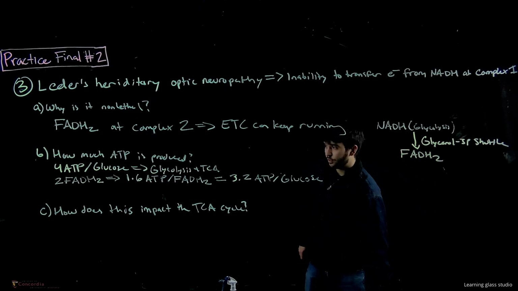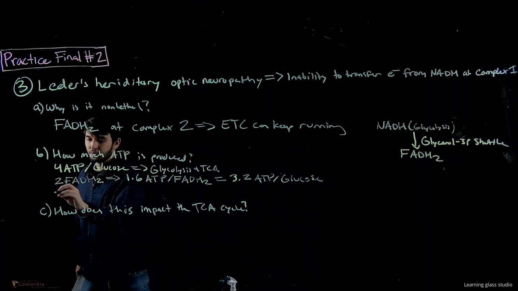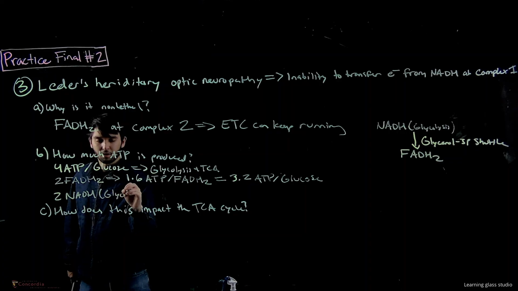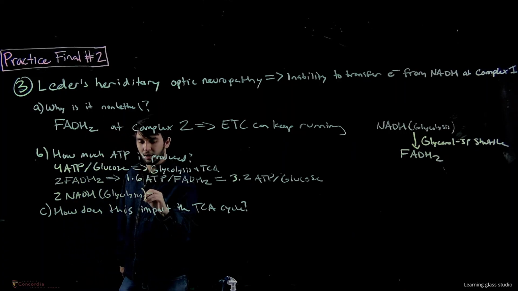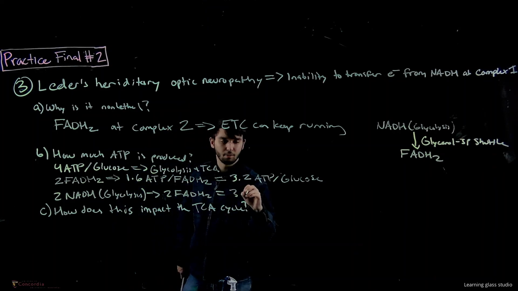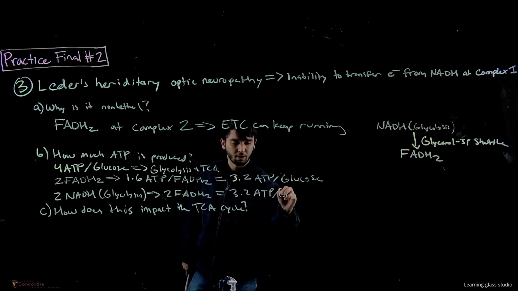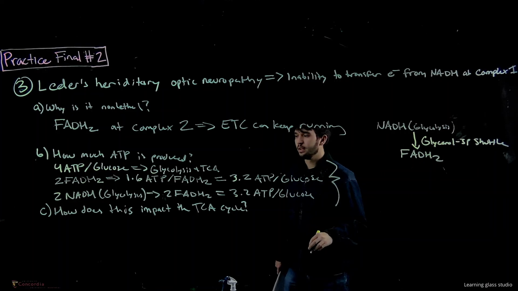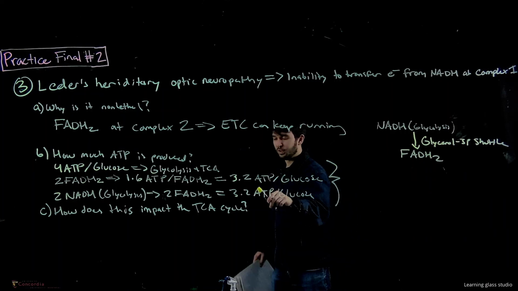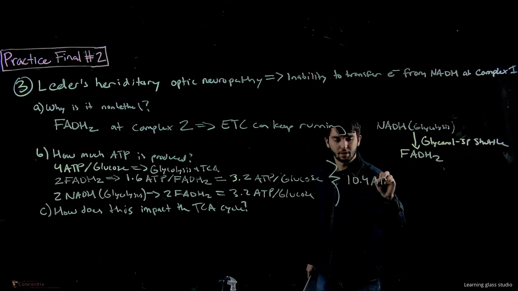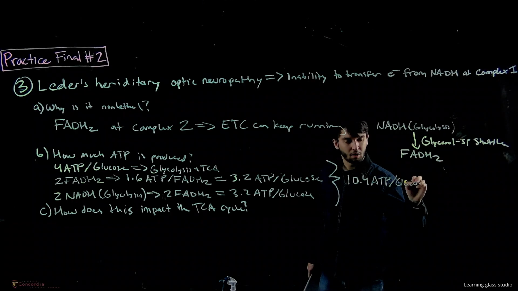So we get 2 NADH in glycolysis, which get converted into 2 FADH2, which is another 3.2 ATP per glucose, and the grand sum is 4 plus 3.2 plus 3.2, so this is 10.4 ATP per glucose.